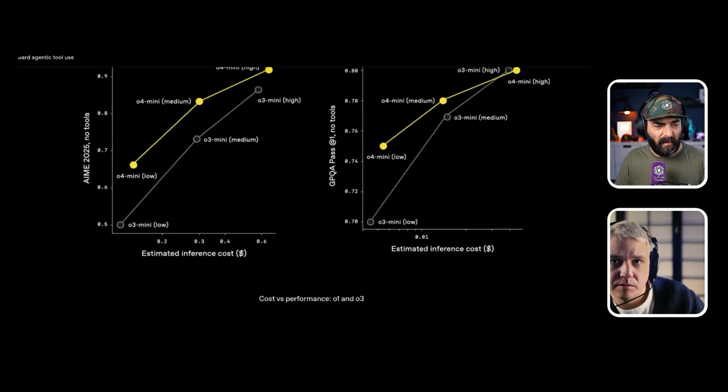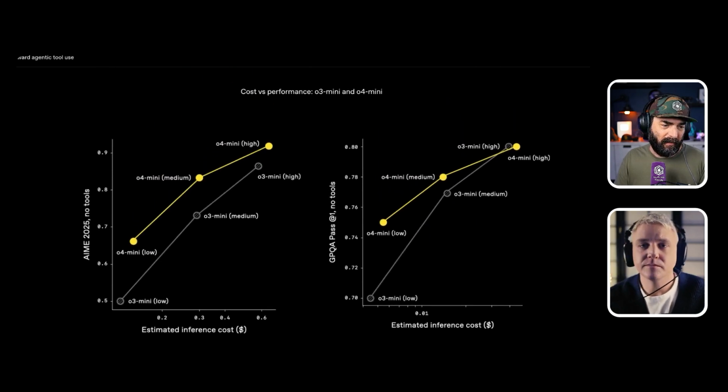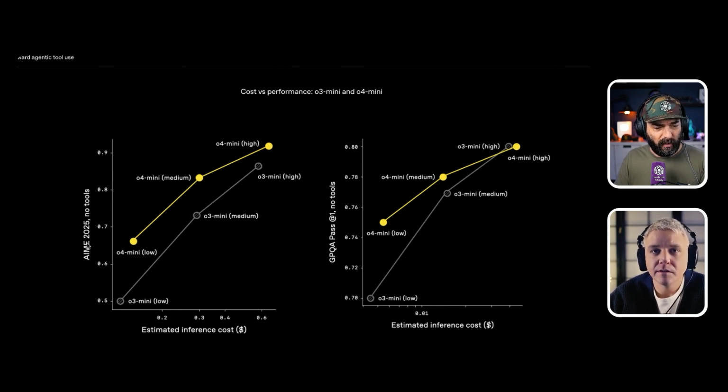And how big is the jump in general from O1 to O3? So we've got the estimated inference cost on this axis here, and this is the math benchmark here. We can see O3 mini is the lowest cost, but also didn't score as well, where you've got O4 mini high on math here, pretty expensive comparatively, but also really smart.